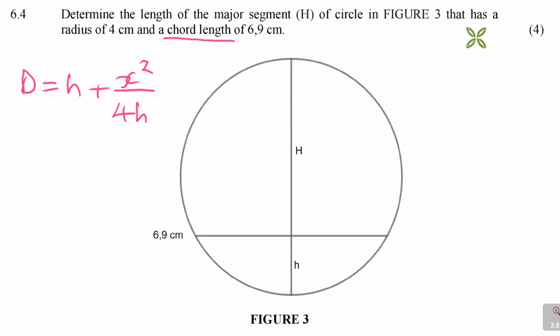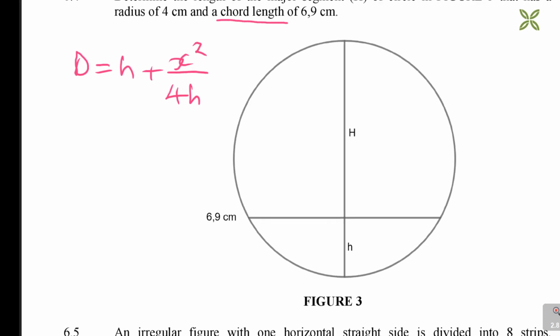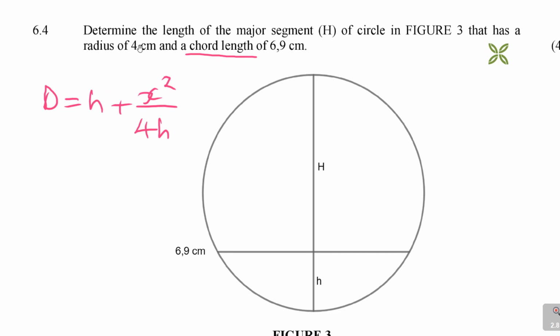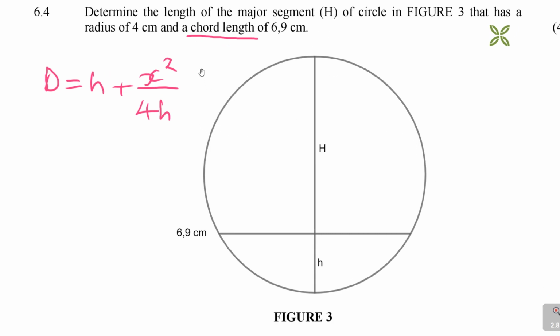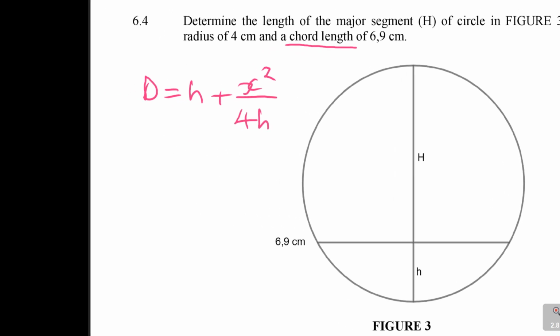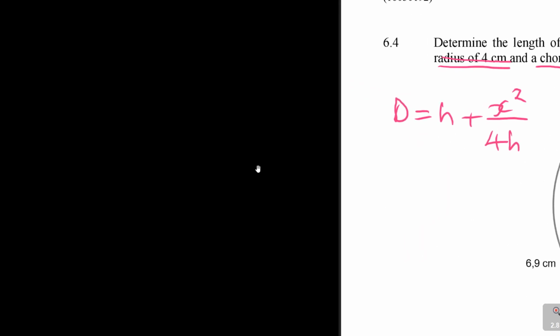So now when you come here and solve this question, they are saying determine the length of a major segment, the big H, of a circle in figure 3 that has a radius of that and a chord length of that. Since they've given you the radius, which is 4 centimeters, it's your duty to convert the radius into a diameter.